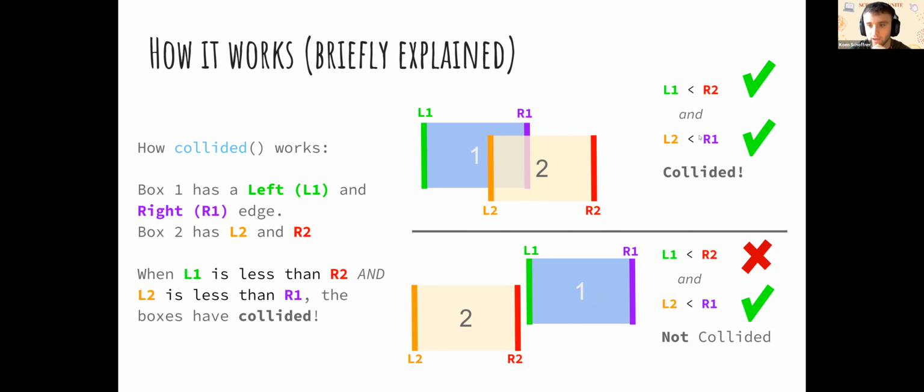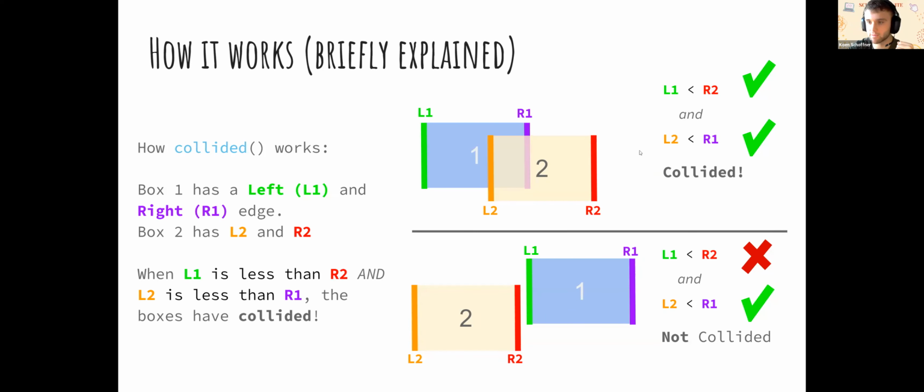If L1 is less than R2, so L1 is to the left of R2, and the left side of the other rectangle is less than the right side of R1, so L2 is less than R1, then we know we have a collision. We know that they're overlapping.